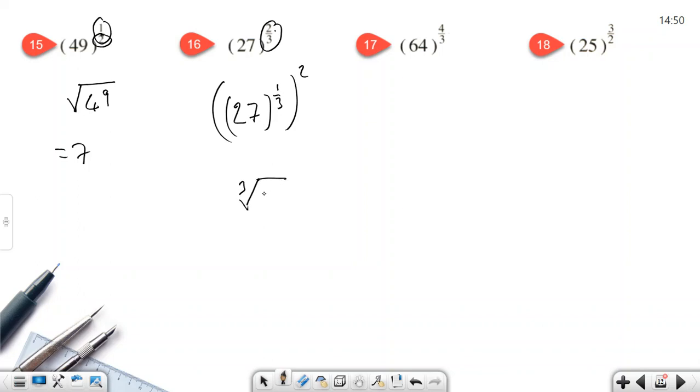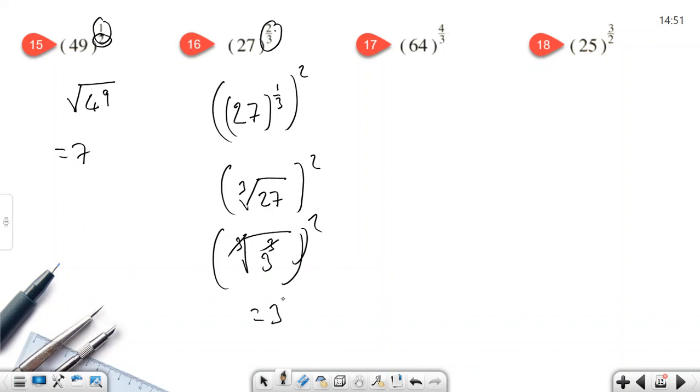Cube root of 27, power of 2. What is 27? 27 is 3 cube. And the cube root and the power cancel each other because they are the same root and same power. Then power of 2, so that's equal 3 squared, which is equal to 9. That's a method.